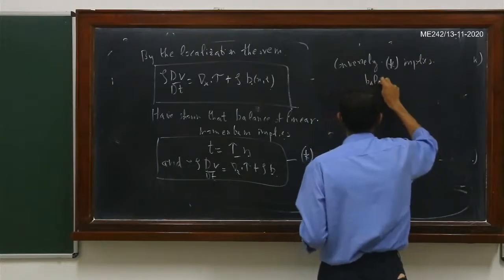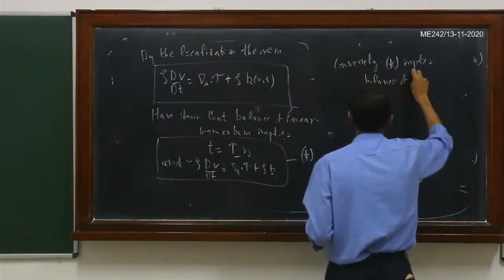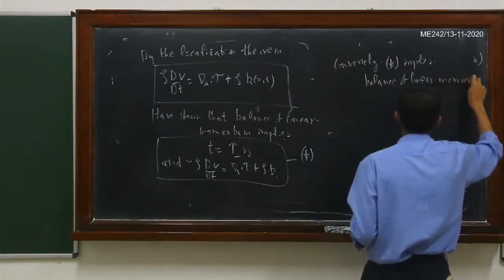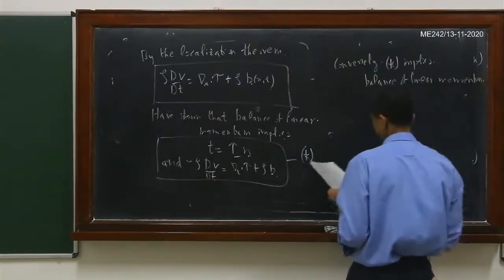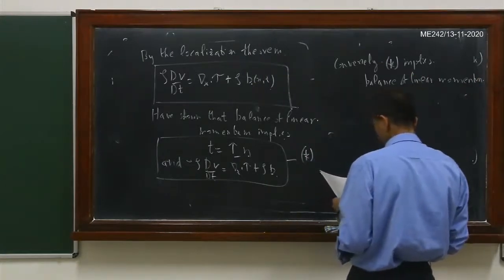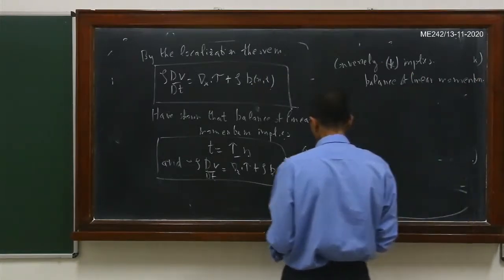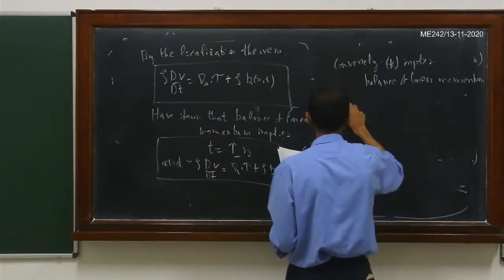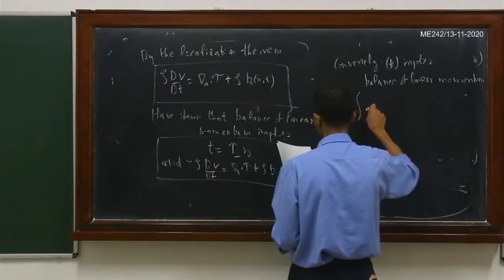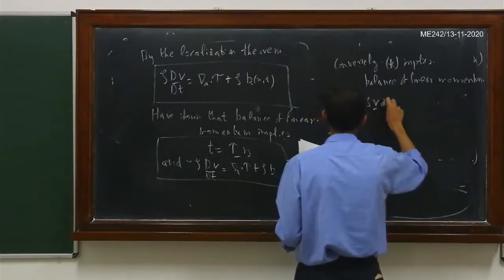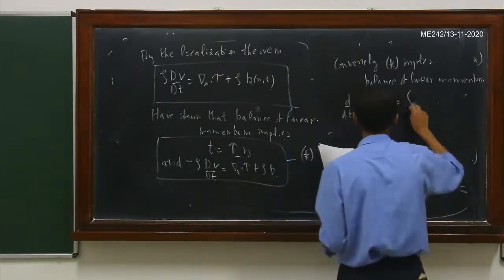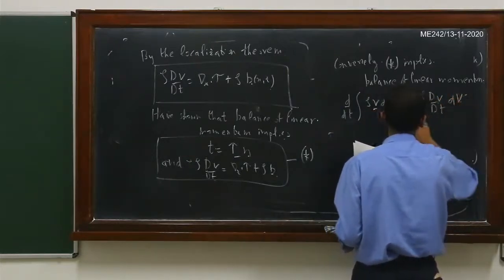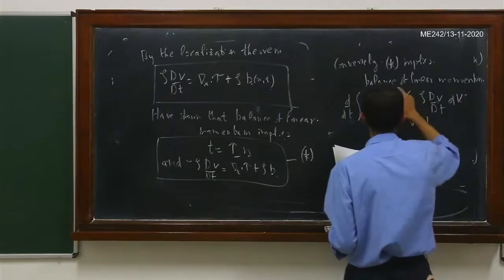That is actually just a reversal of the steps here. Suppose I start with d/dt of the integral of rho v dV, which I can write as the integral of rho dv/dt dV, by the second transport theorem.